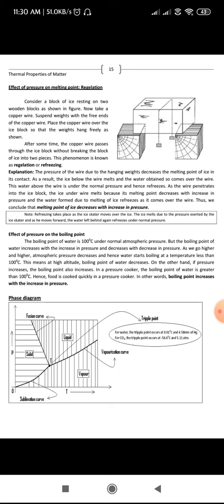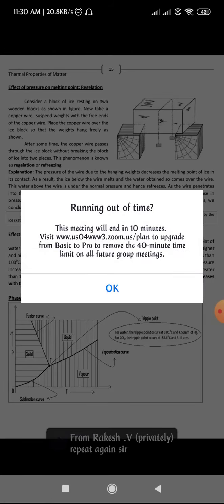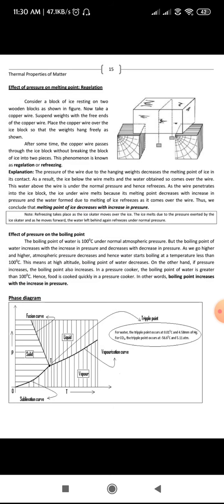Whatever water comes on the surface of the wire is under normal pressure, so that water gets converted into ice again due to the normal pressure, and the same process continues.